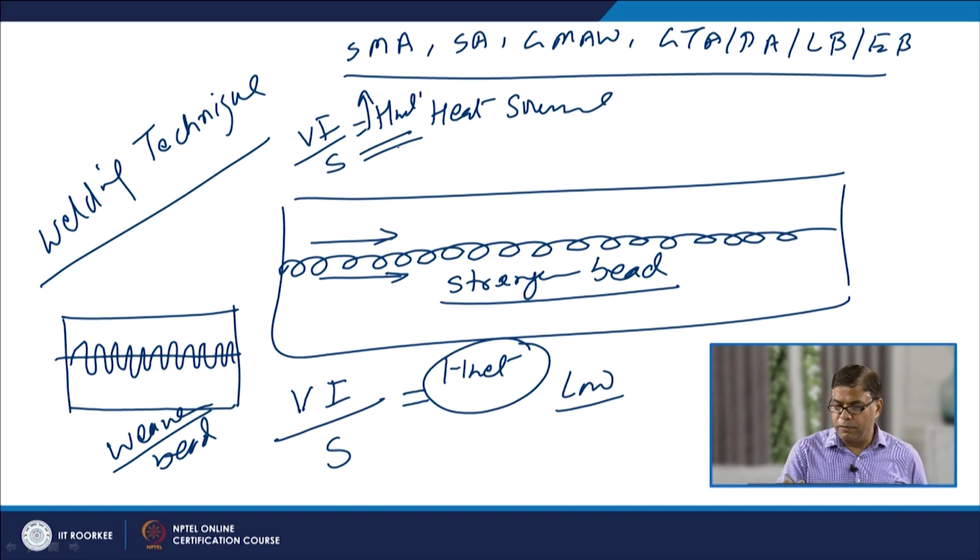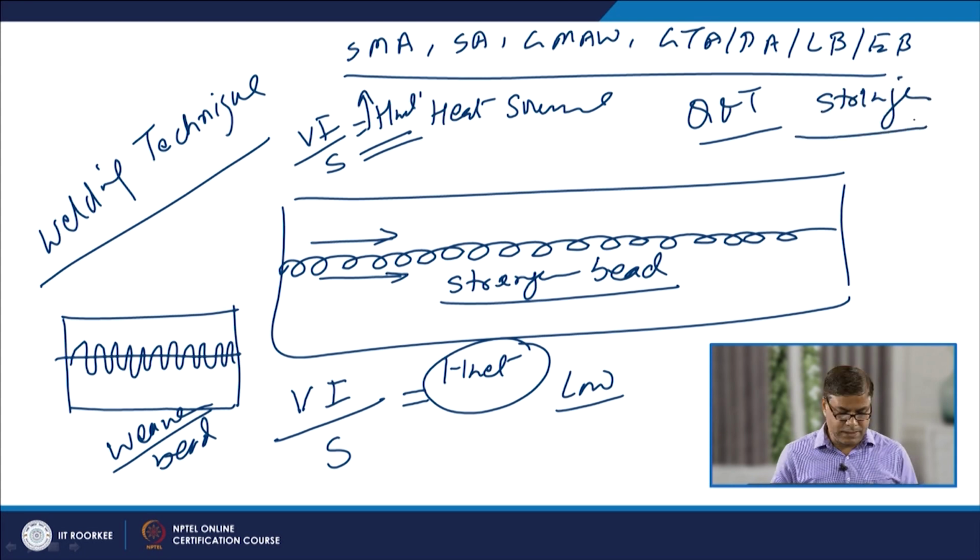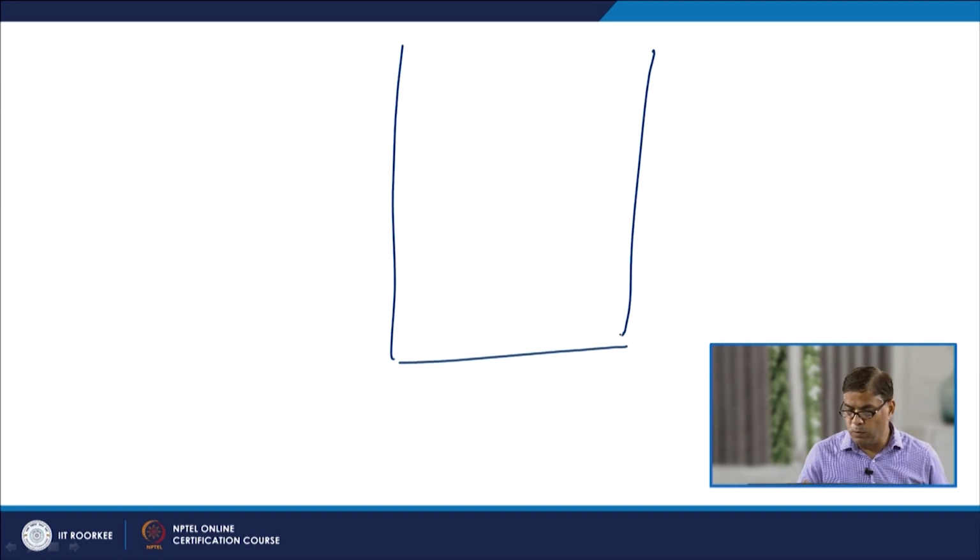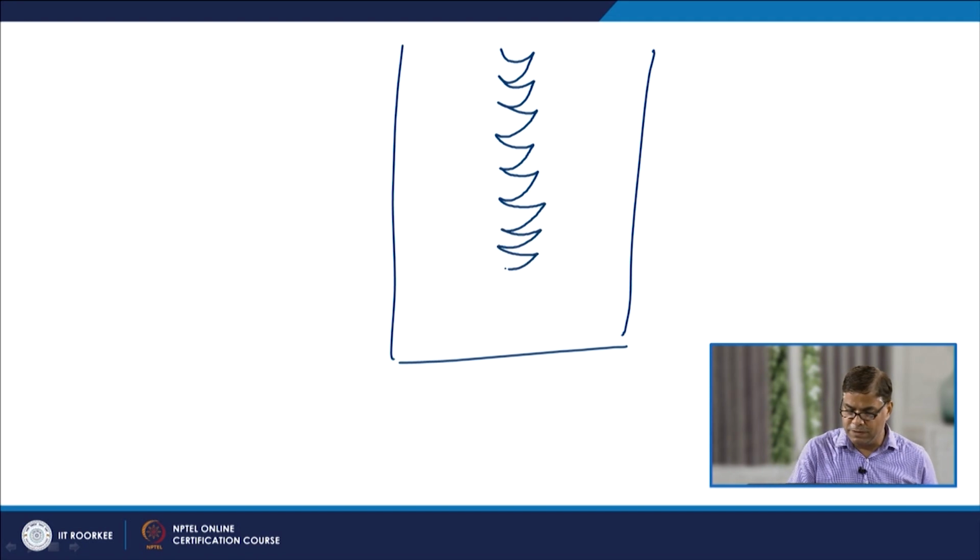Therefore, for the welding of QNT steels, we primarily prefer to use the stringer bead as compared to the weaver bead. But sometimes it is required to use the weaver bead, especially when the welding is carried out in the vertical plane. In order to have better control over the movement of the molten metal while it is being deposited, we give a lot of lateral or oscillating movement to the heat source.